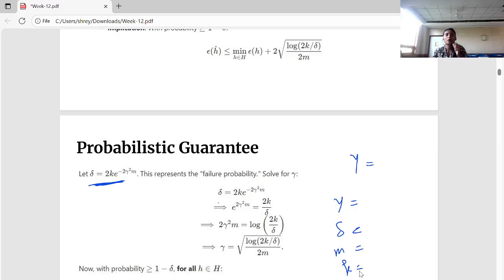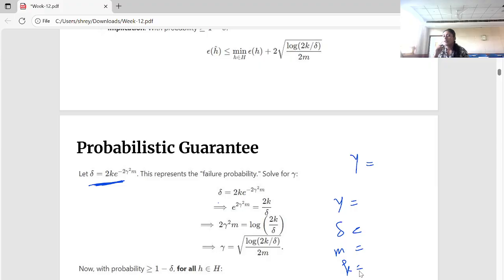So why is this important? Because if you know the tolerance, the failure probability, the number of samples, and the number of hypotheses, you can have an idea whether your empirical error is close to the generalization error or not.